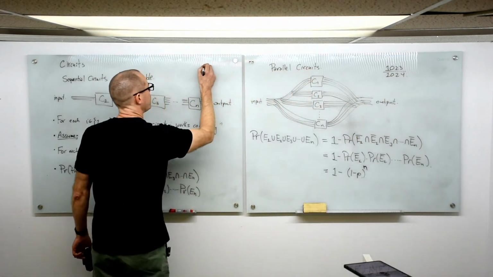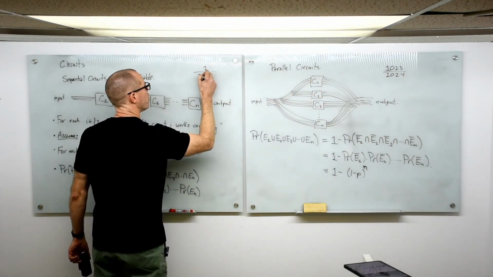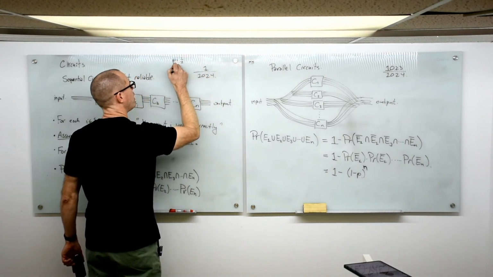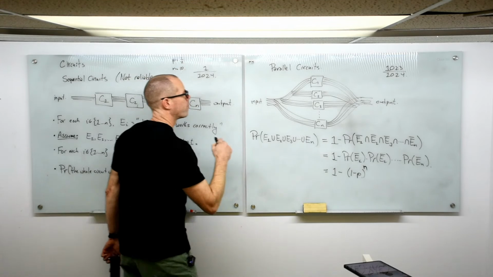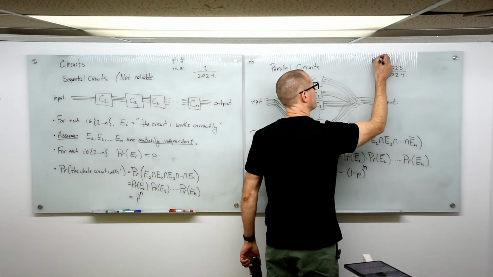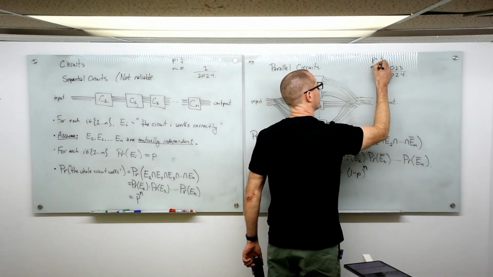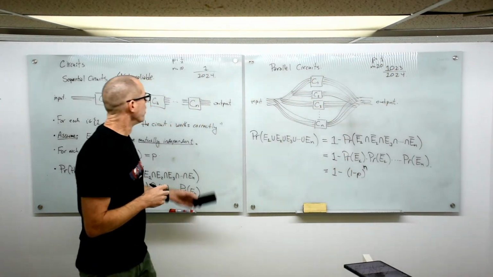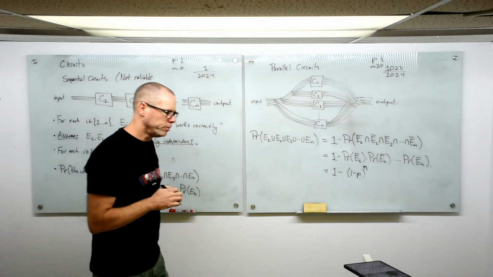And on this side, we get 1 out of 1,024. Okay, that's for P equals 1/2, N equals 10. So very close to 1 over here, very close to 0 over here.